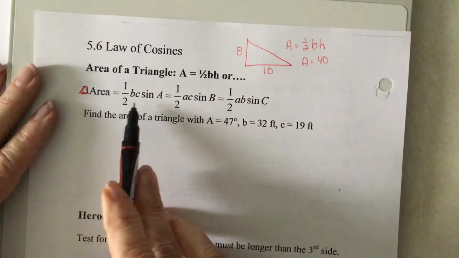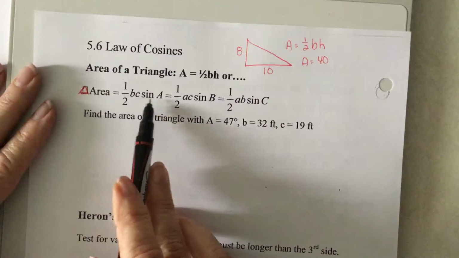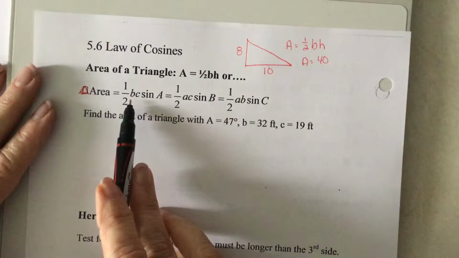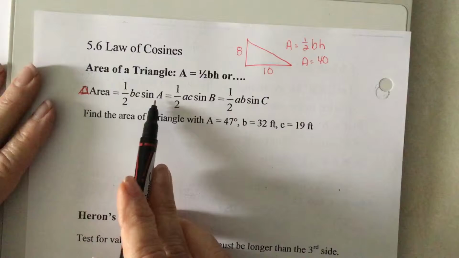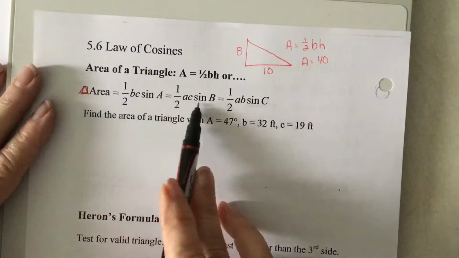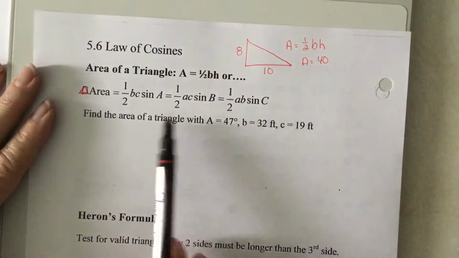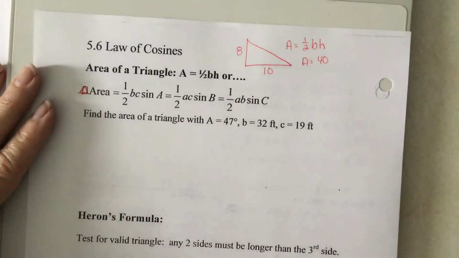We take 1/2, not the corresponding sides of whatever angle is given, so side B, side C, times the sine of angle A, and then each one of these is set up specific to whatever angle is given and the opposite sides that are stated as well.